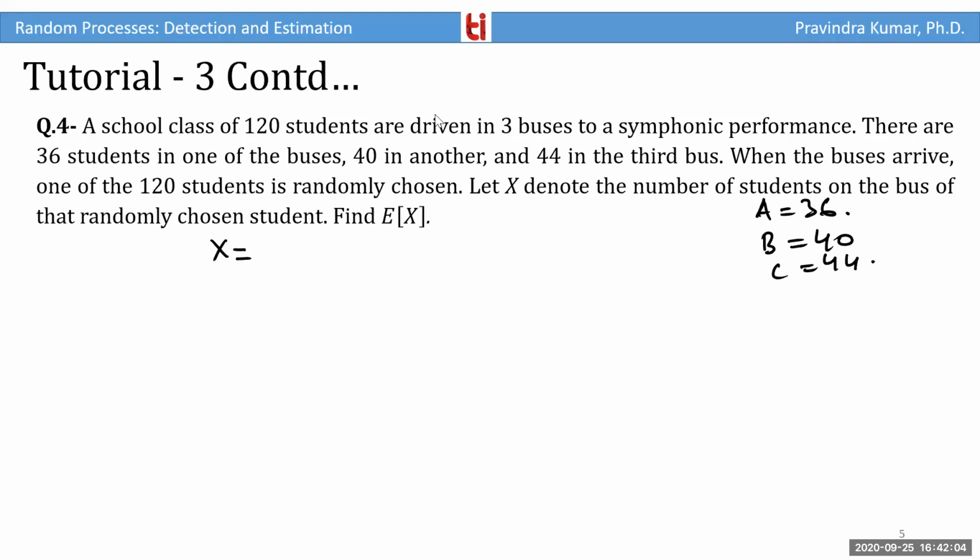Can you tell me the value of random variable? What is the range of random variable? So range means what will be the value of random variable X here, if random variable X denotes the number of students on the bus of the randomly chosen student.